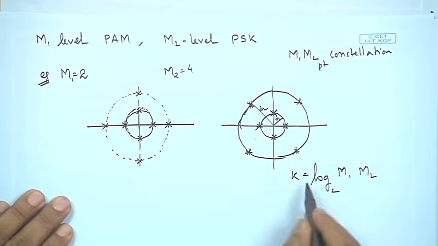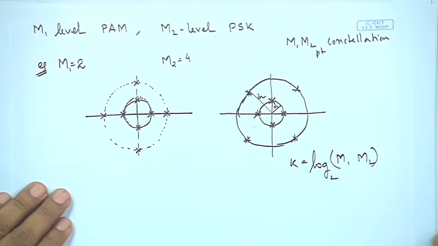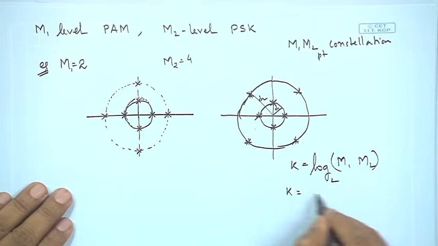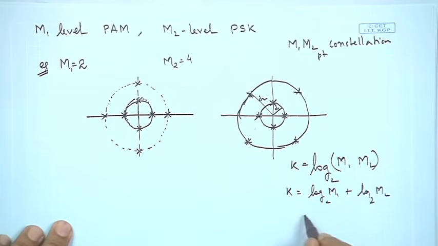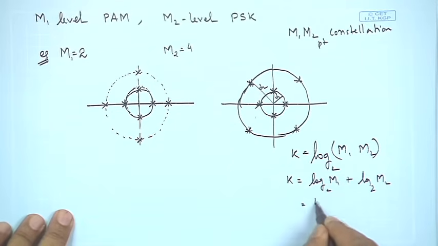And then you could easily separate it out as k is equal to log base 2 of M1 plus log base 2 of M2, and that you could say is probably k1 plus k2, right.